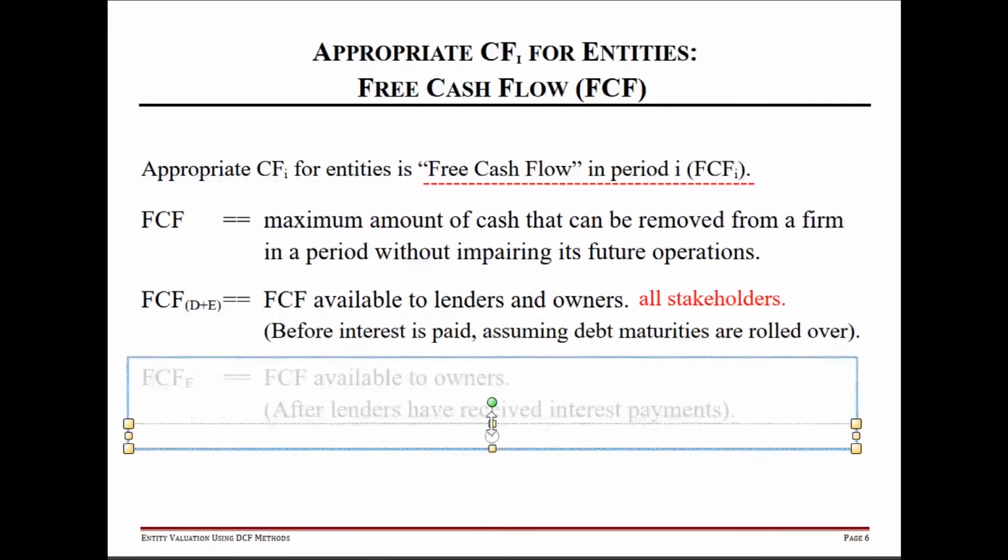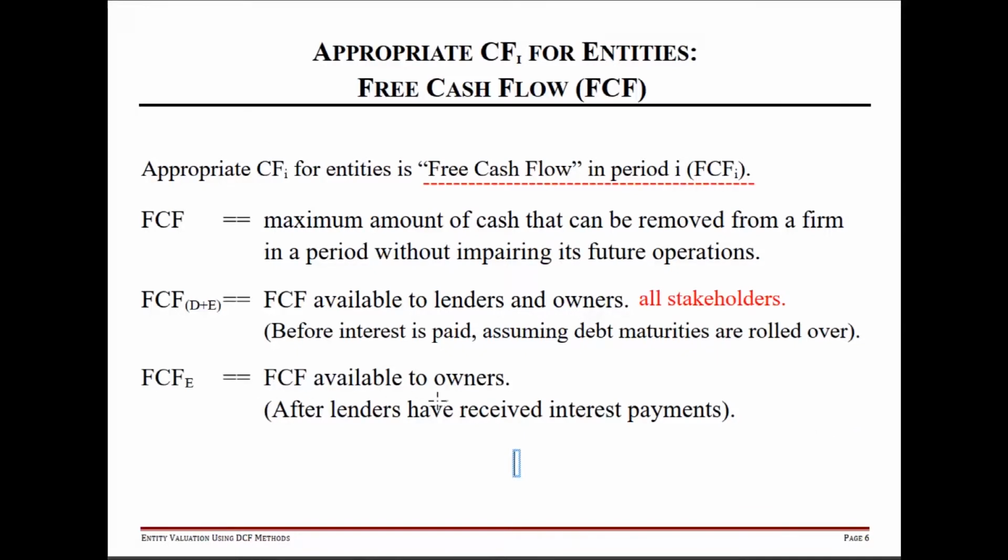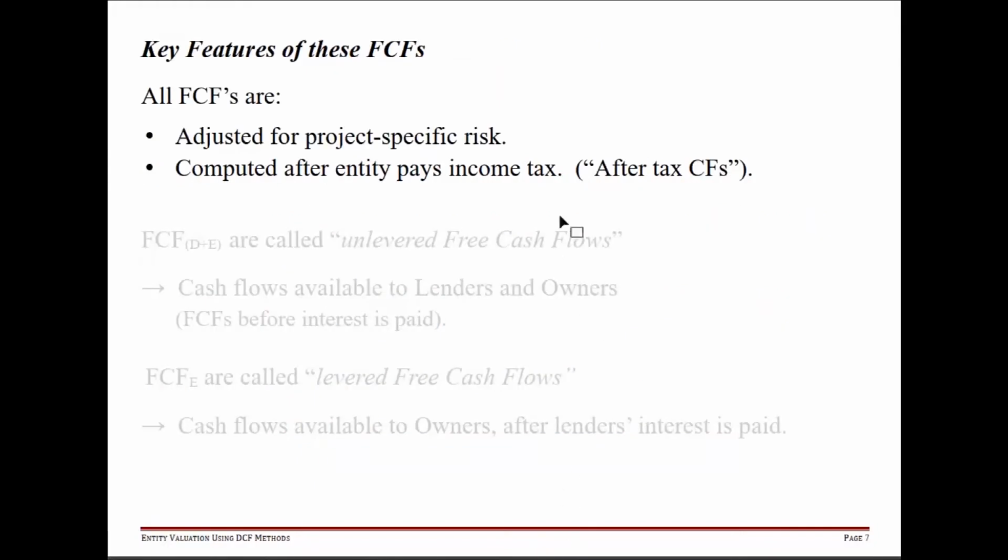And then the other types of free cash flows we want to look at are free cash flows that are available to owners. So those are, who are the owners? The shareholders, right? And these are going to be free cash flows that are available after the lenders have received their interest payments. Okay, so all these free cash flows for either group are going to be adjusted for project-specific risk, and they're going to be computed after income tax.